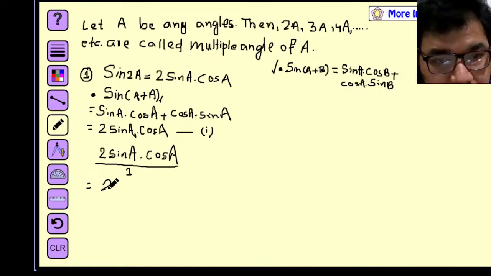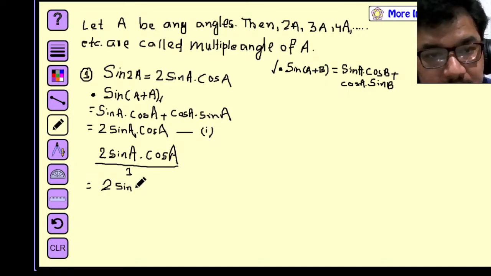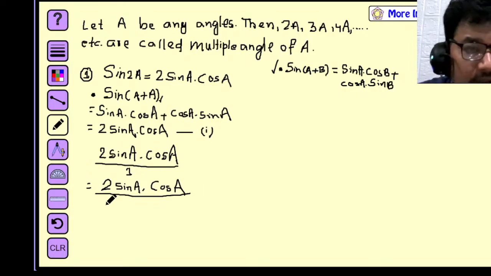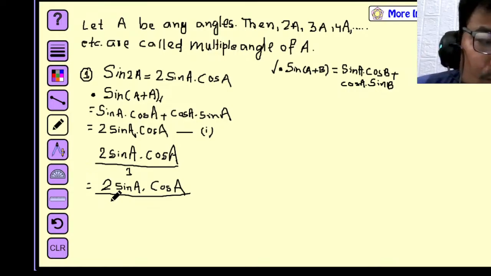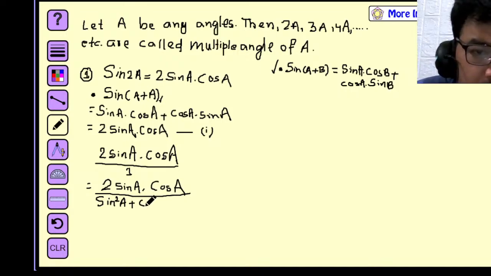So 2 sine A into cos A, with that 1 multiplied here, and in place of this 1 we can write sine square A plus cos square A, because we have learned this from the Pythagoras relation.